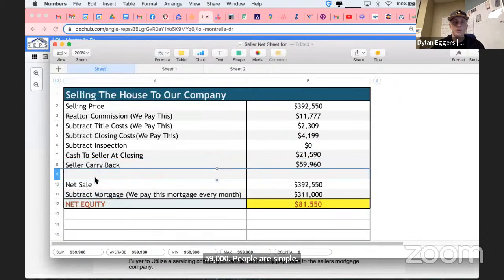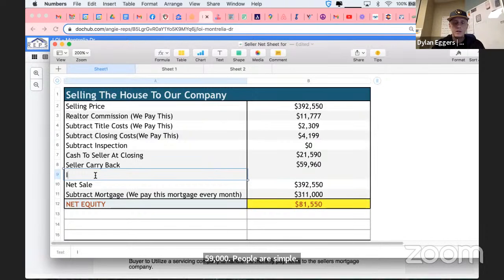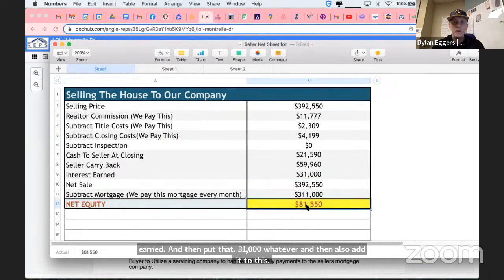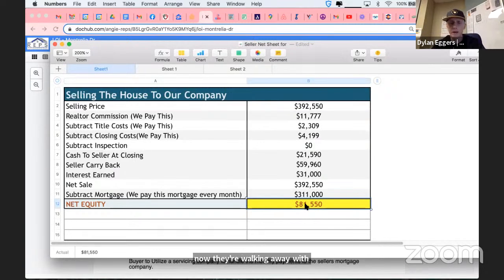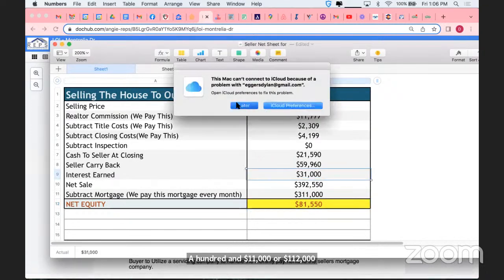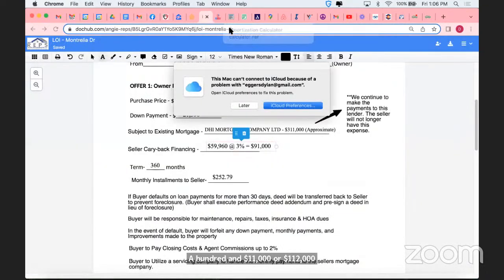Because sometimes what I'll do is I will put in the seller net sheet interest earned, and then put that $31,000 and also add it to this. So now they're walking away with $111,000 or $112,000. So yeah, to me, when somebody looks at that really simply, they're going to go, oh yeah, I want to do that.